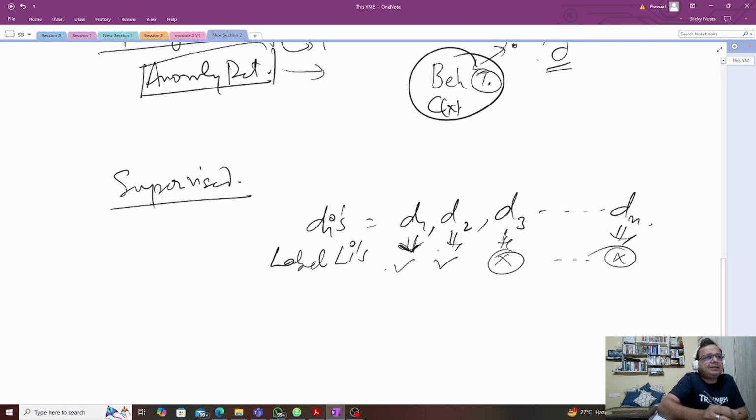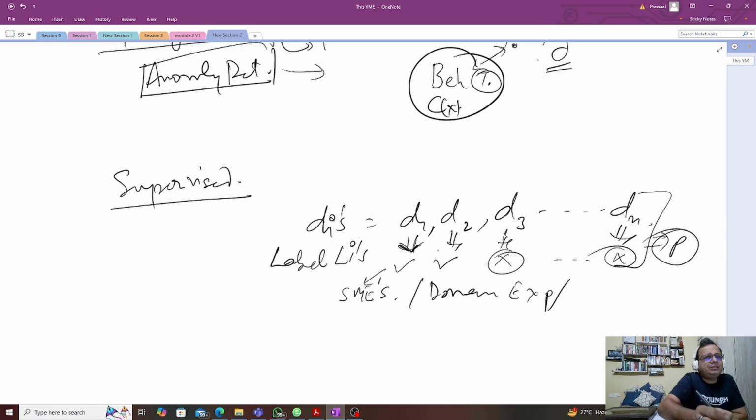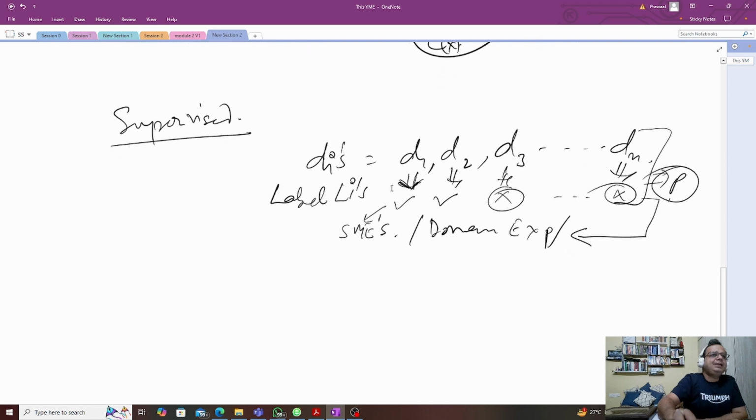They are SMEs, domain experts, the people who have probably been doing this process for a long time without using machine learning, and because of their years of experience, they have found a method outside of machine learning which can tell them what needs to be labeled as what. So that's the labeling side of things.